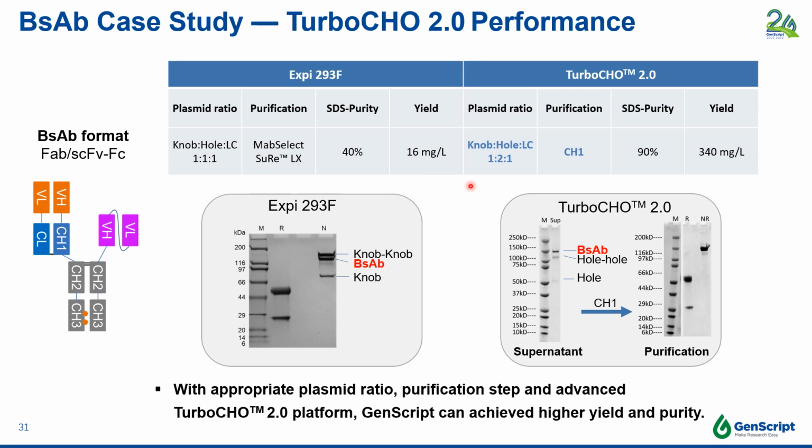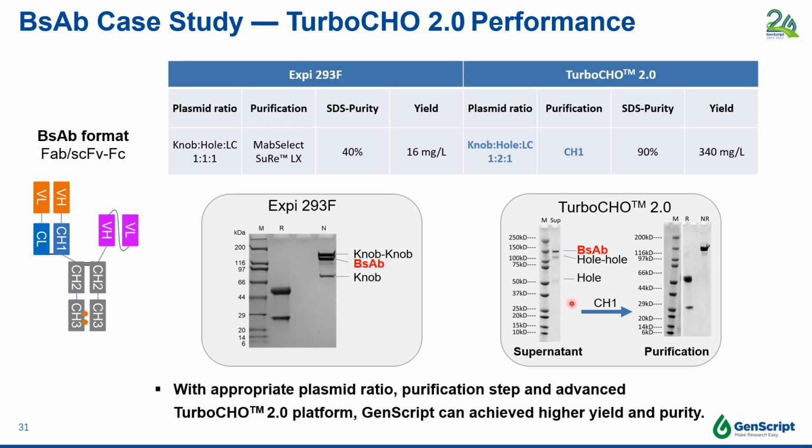And then we did a list of optimization. First, we increased the plasmid ratio of hole, and then expressed it in our TurboCHO 2.0 system. And when we detected the expression level in the supernatant, we found that hole is overexpressed.